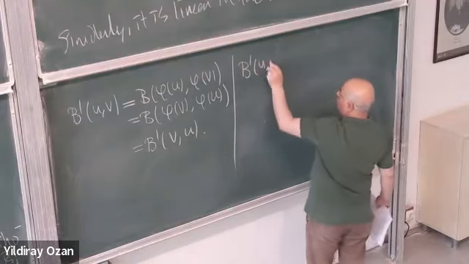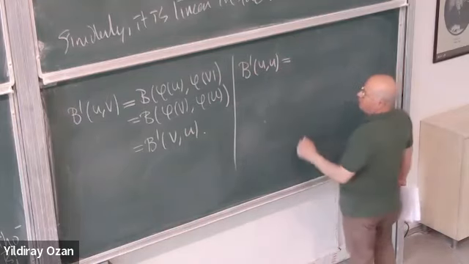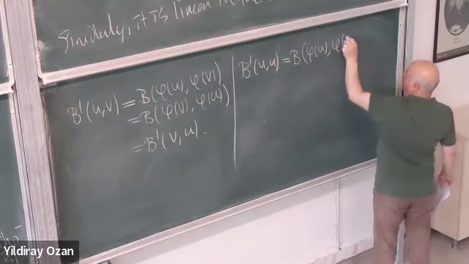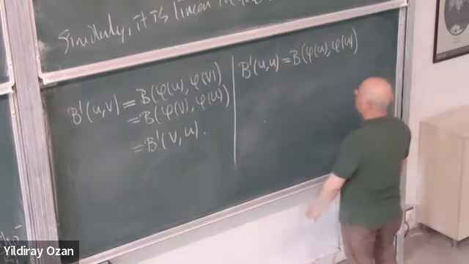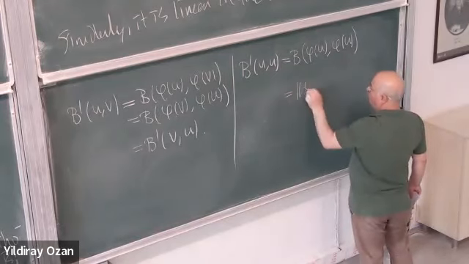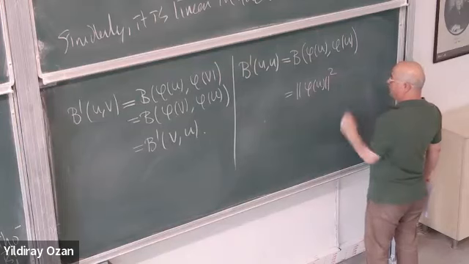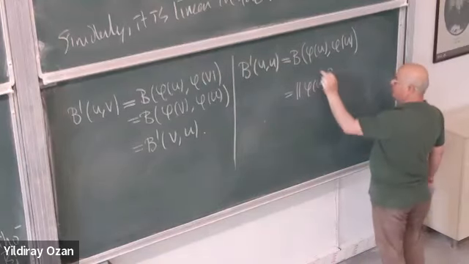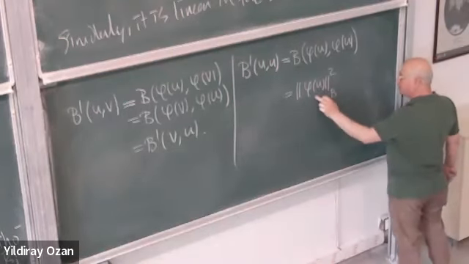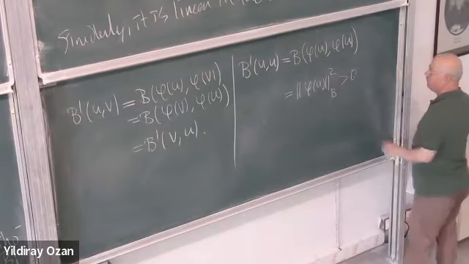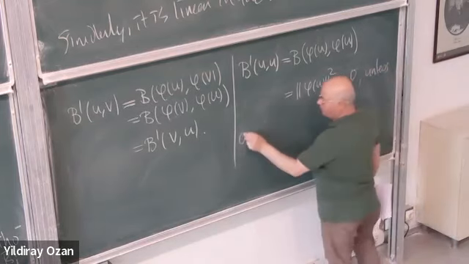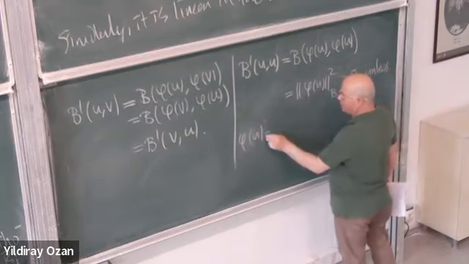B prime of u, u. What is this? This is just B of phi u, phi u. Well, I know that this thing is just the norm of phi u squared, in the inner product. And we know that since this is an inner product, this thing is positive unless the vector inside, which is phi u, is 0.